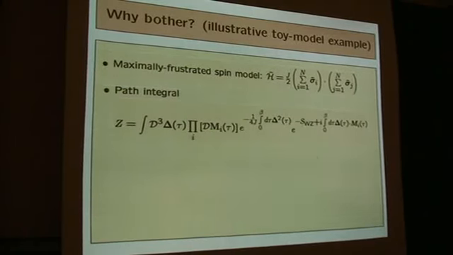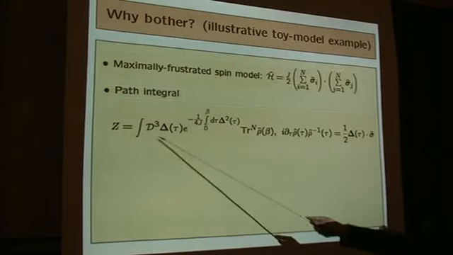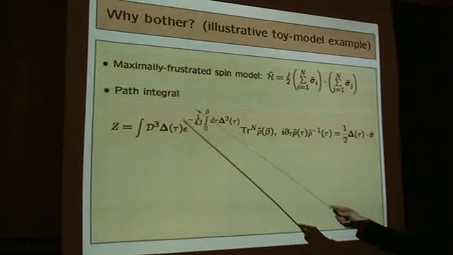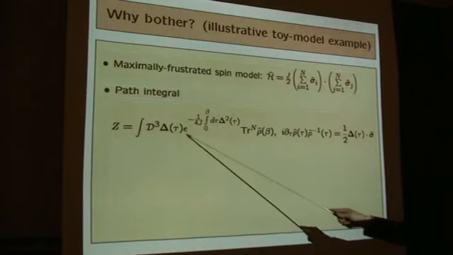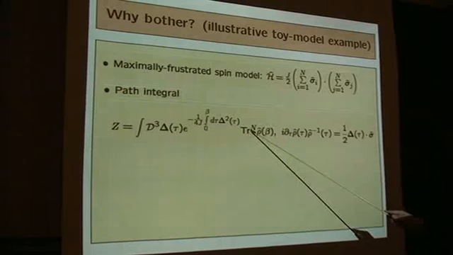But instead of trying to calculate this basically unsolved path integral, you can notice that if you roll back this path integral formulation in the Hamiltonian formalism, you can rewrite it in this form. So you can write it as an integral over all possible Hubbard-Stratonovich fields with some Gaussian decay, and here it will be the trace.